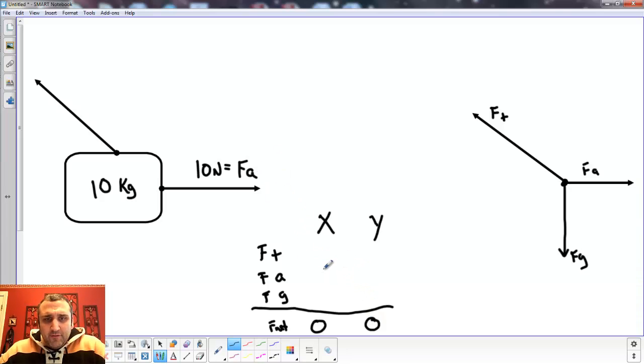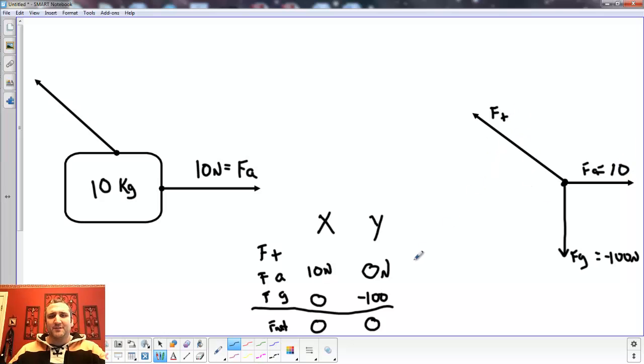We know that the applied force in the x dimension is 10 newtons, and it's going to be 0 newtons in the y. We know gravity is going to be 10 kilograms going down. That gravity is going to be negative 100 newtons. So that y is going to be negative 100, and the x is 0 because we're going straight down. The applied force equals 10.